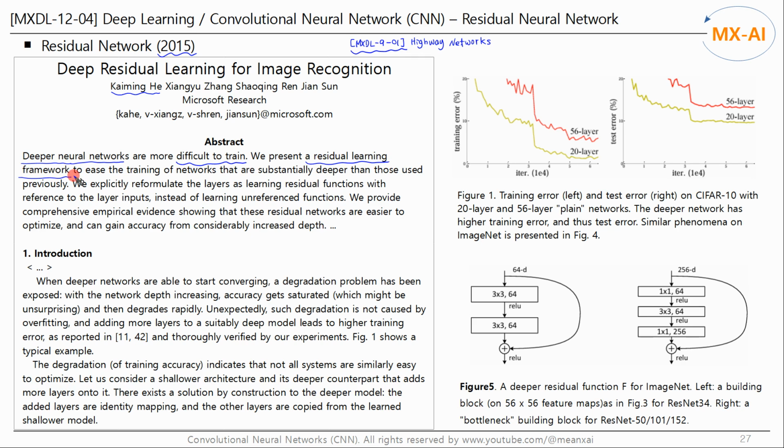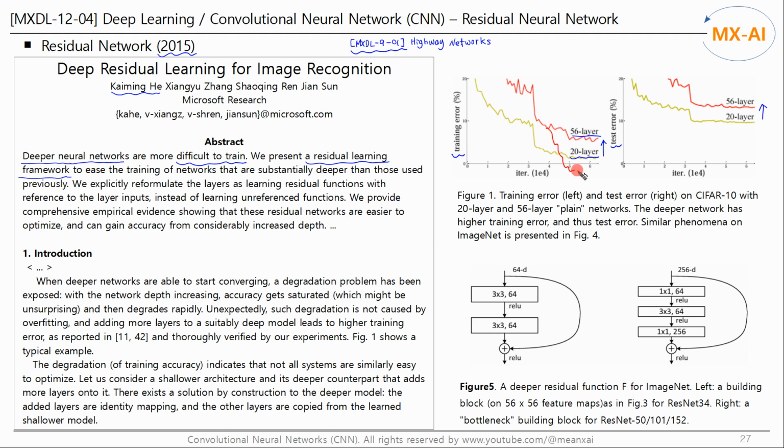In general, deeper networks suffer from degradation problems. This example shows that the errors in a deeper network are larger than those in a shallower network. Both the training error and the test error are larger in deeper networks. This is not caused by overfitting.